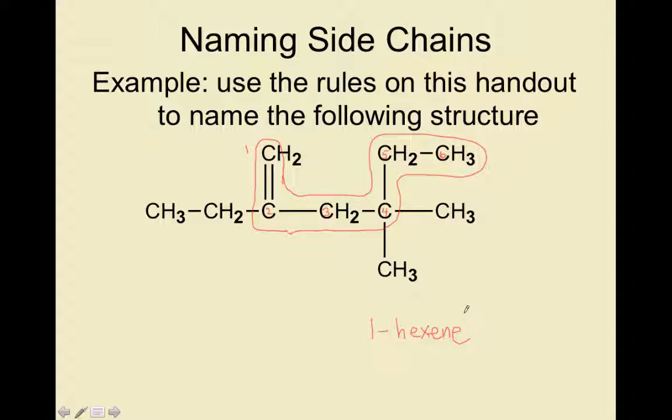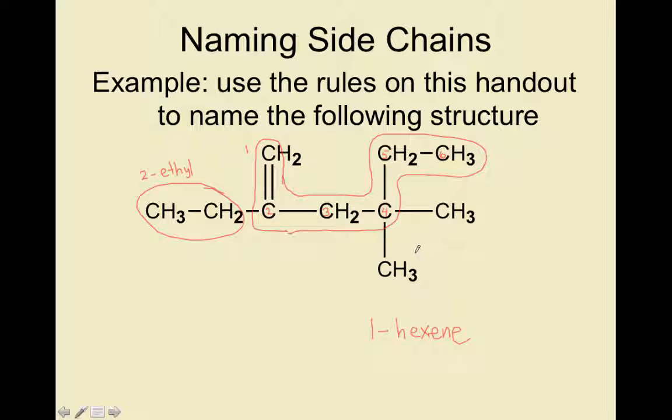Now let's look at the groups that exist. On this second carbon, I have a branch. This branch is on the second carbon, and it has 2 carbons, so it is an ethyl group. So I have a 2-ethyl. Okay.